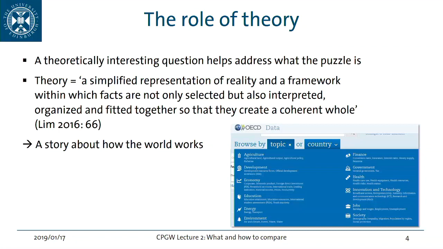I put up some OECD data, for example, here. That's a nice website with all kinds of indicators where you can see the countries of the world and all the variation that they show in these different indicators, their energy consumption, their educational system, their economic system, and so on. And we can ask all kinds of interesting questions, of course, about how these things are related.